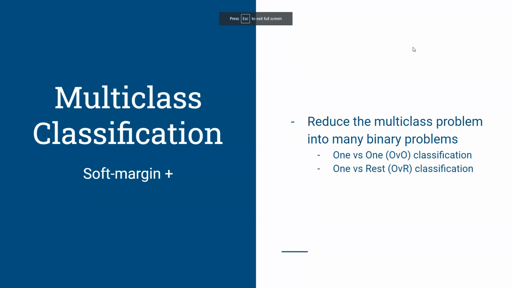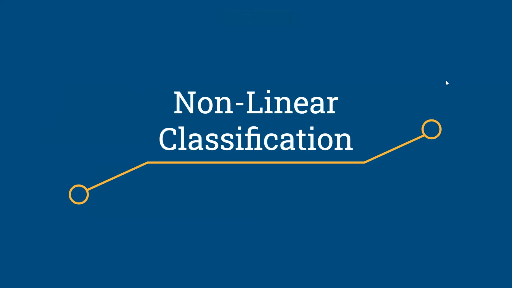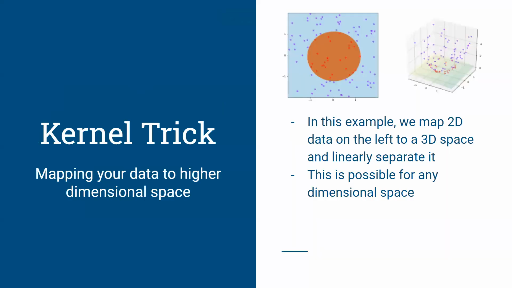Good. Thanks. Nice. Next bit that we want is nonlinear classification, because everything that we've talked about so far is with lines. As mentioned, it's a pretty big weakness, so let's look into it. The main way that these work so well is using something called the kernel trick, where basically we're able to map our data onto higher dimensional space.